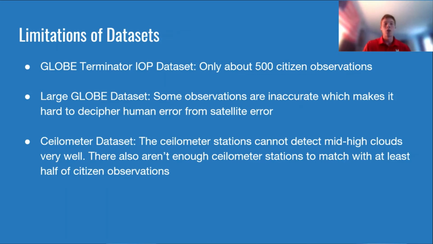And there can't be a ceilometer station everywhere. So when citizens are making an observation, like me at my house, if there's not a ceilometer station within 30 kilometers, my observation wouldn't be used in the larger Globe data set because we can't ensure accuracy with the ceilometer. So those are a few of the drawbacks of these data sets.